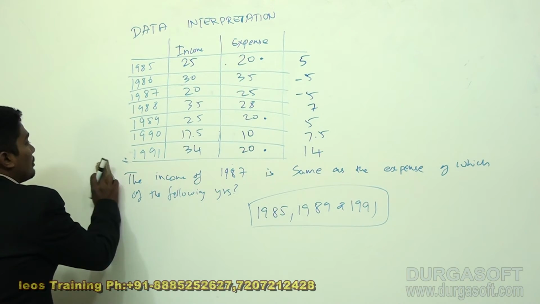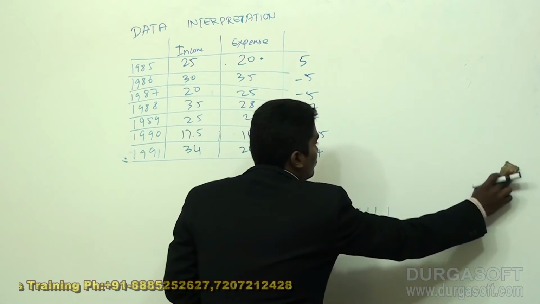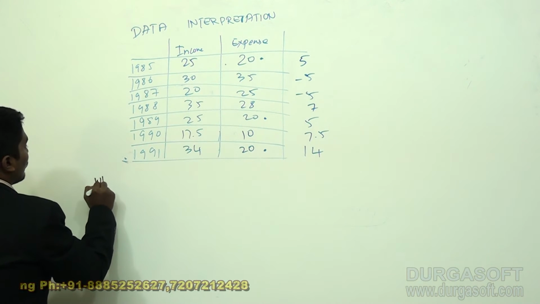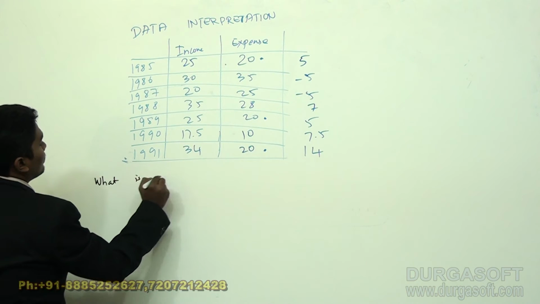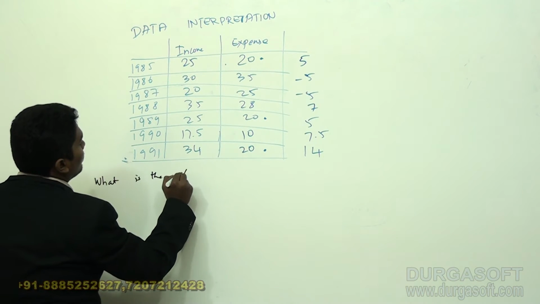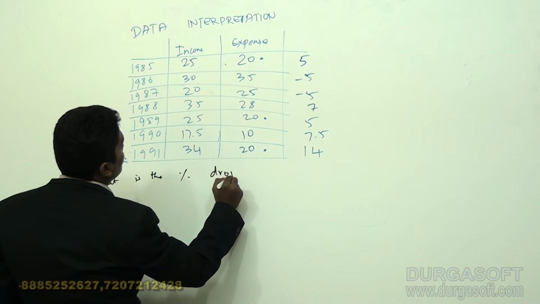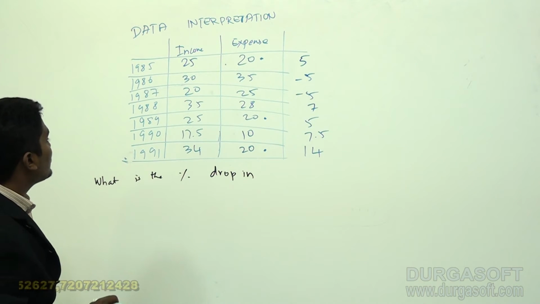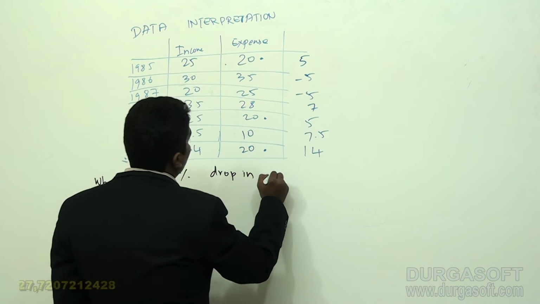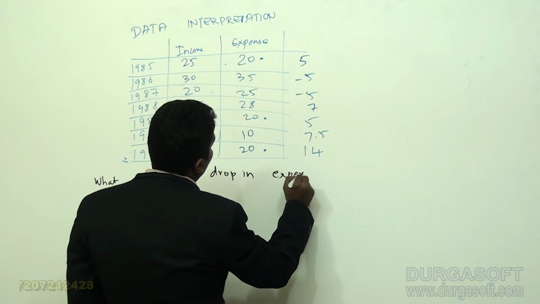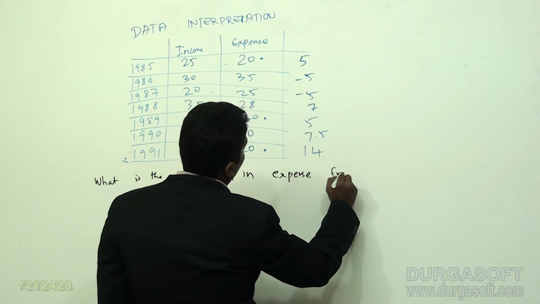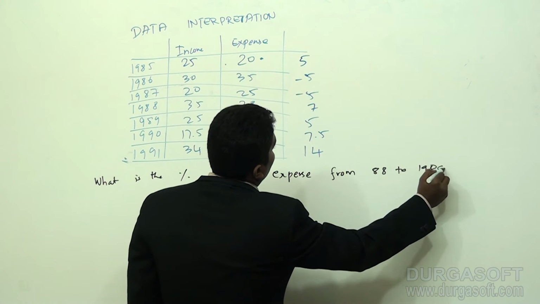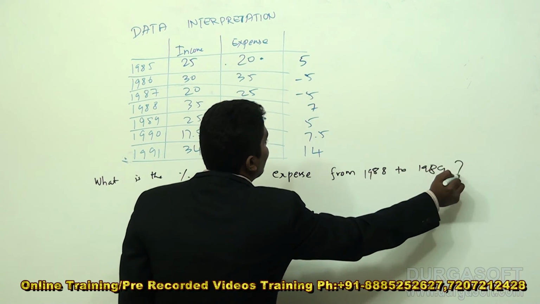So the question is, what is the approximate percentage drop in expense from 1988 to 1989?